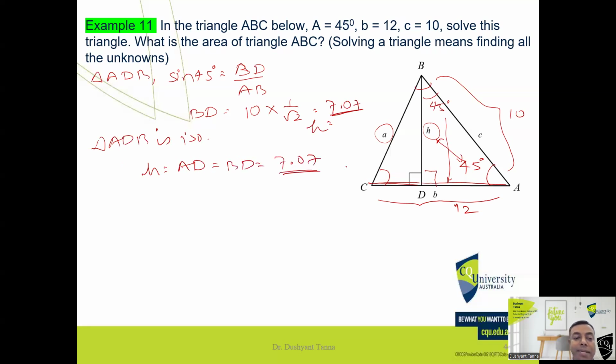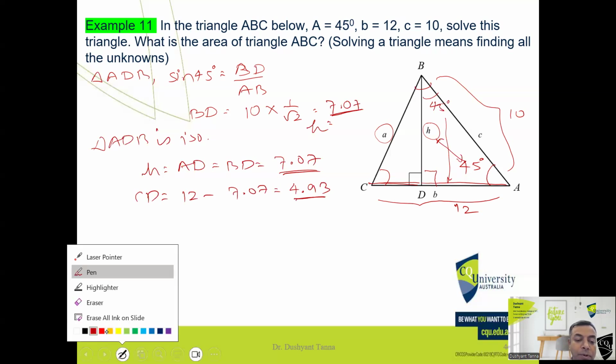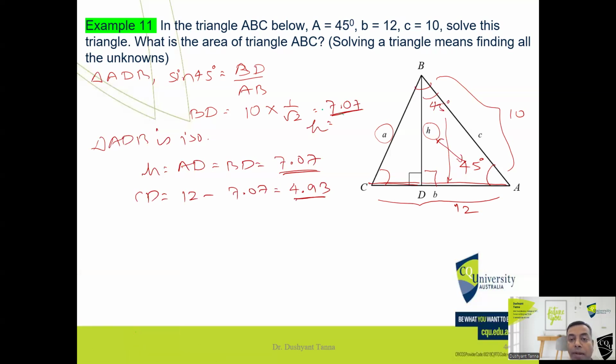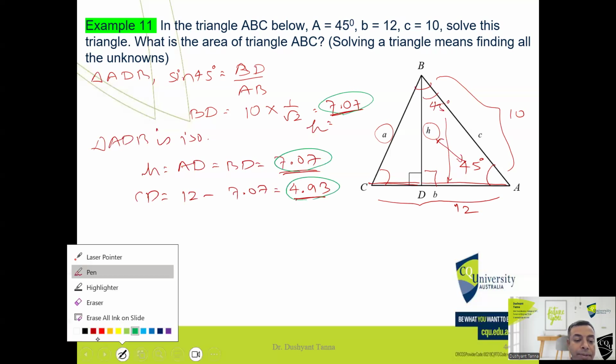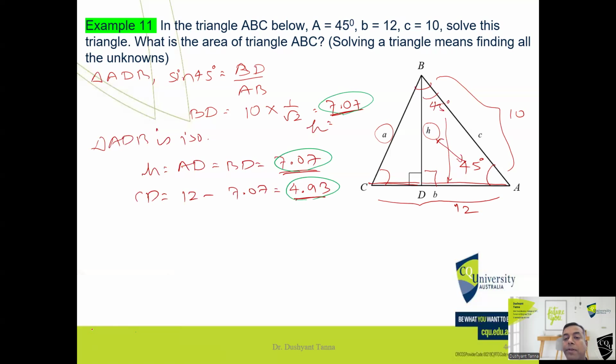So I got my BD as well. Therefore, CD will be 12 minus 7.07, and that will be 4.93. That's my CD. Right? So I got a couple of them. I got this side.